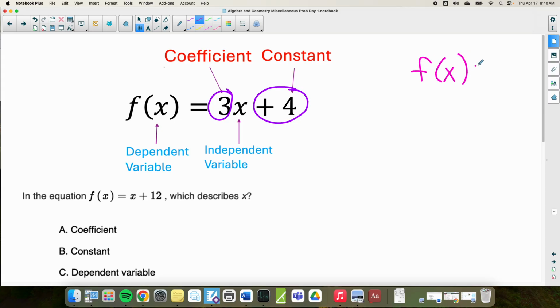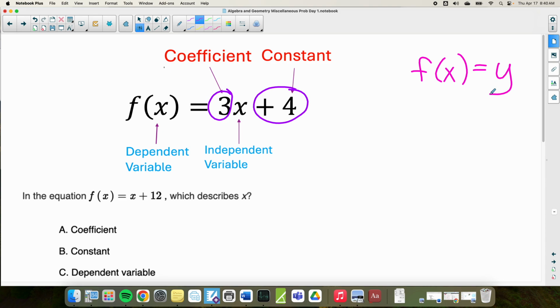So don't let f of x seem weird. You can think of that just as y equals 3x plus 4. Now, whatever I put in for x is going to change my y. So f of x is dependent on what I put in for x.